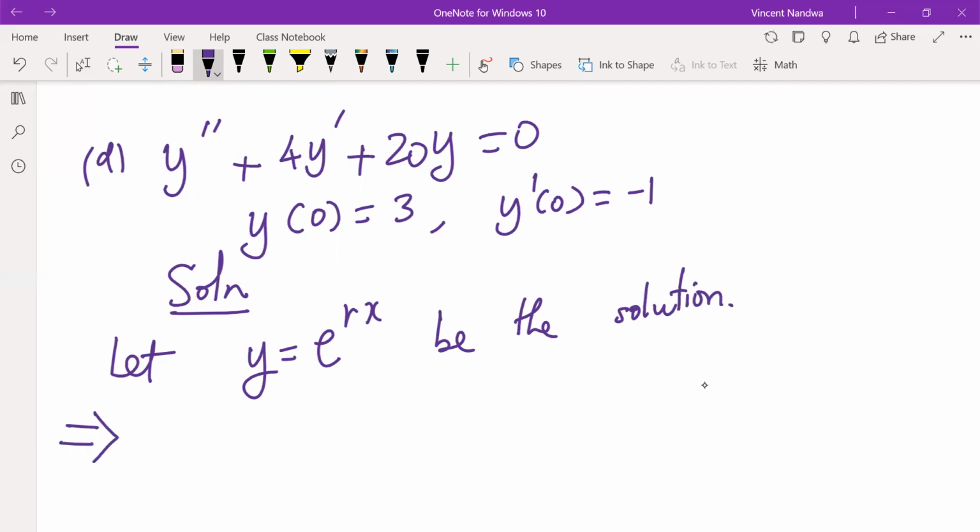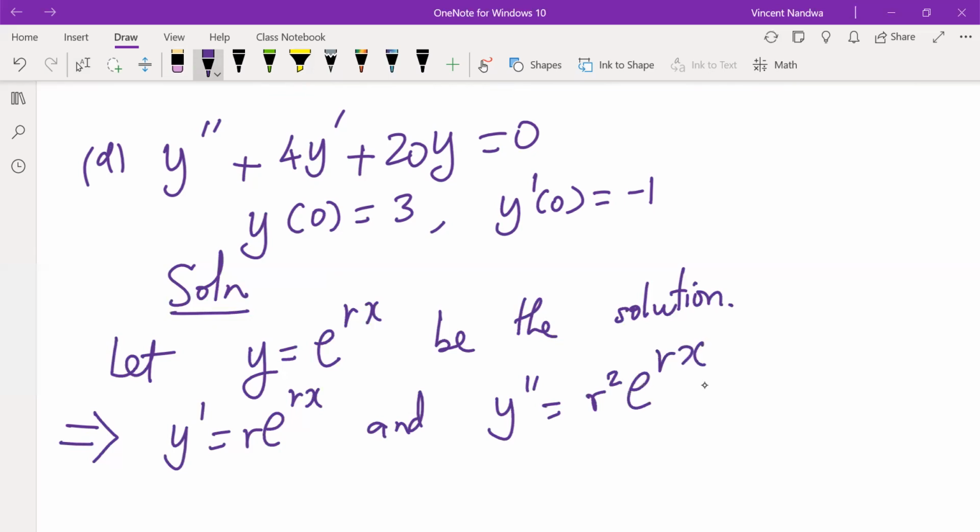This means y prime is r e raised power rx and y double prime is r squared e raised power rx.